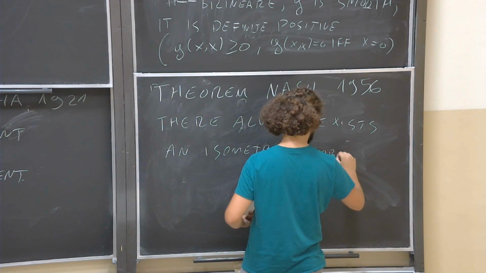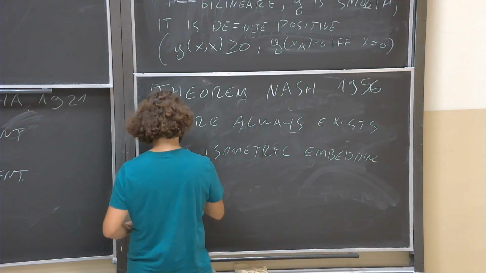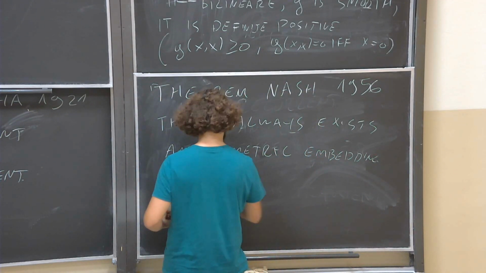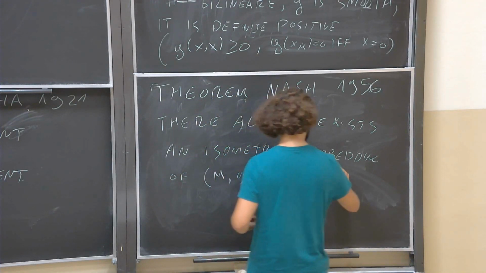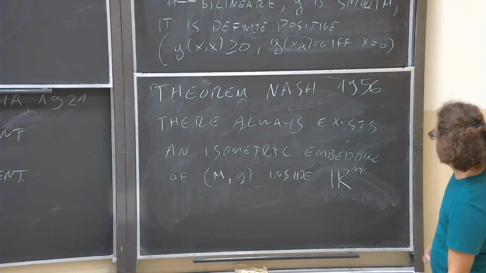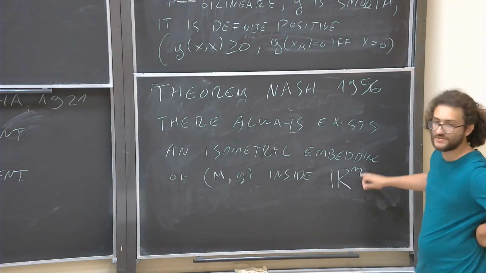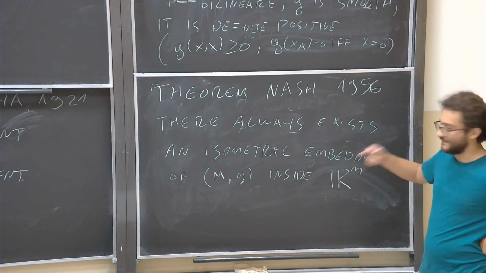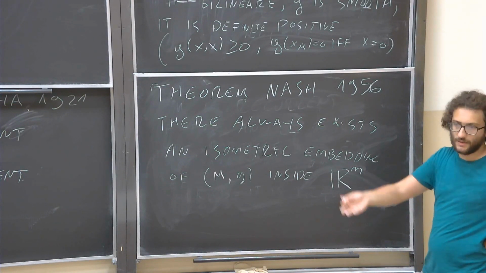We'll see what this means. M with its metric inside a Euclidean space of some dimension. Isometric embedding just means that we can see this as some sort of smooth subset of R^n with its notion of metric, which is just the one that it inherits from the Euclidean space.